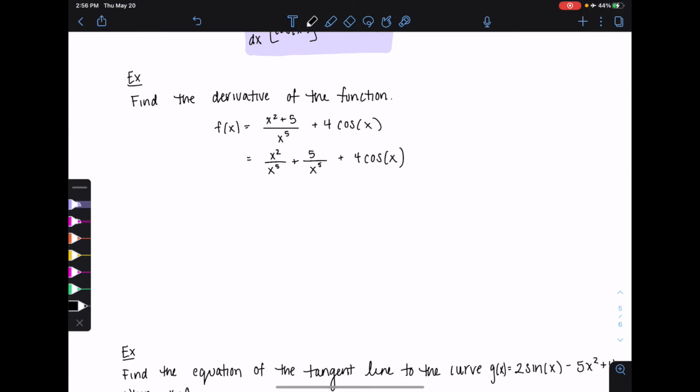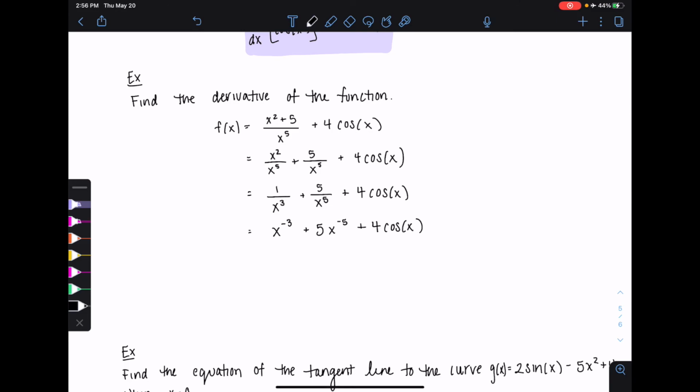I can differentiate that. If we simplify x squared over x to the 5th, that's 1 over x cubed. This is still 5 over x to the 5th. And this is still 4 cosine of x. I want to write these as x to a power. So that's x to the negative 3 plus 5x to the negative 5 plus 4 cosine of x.